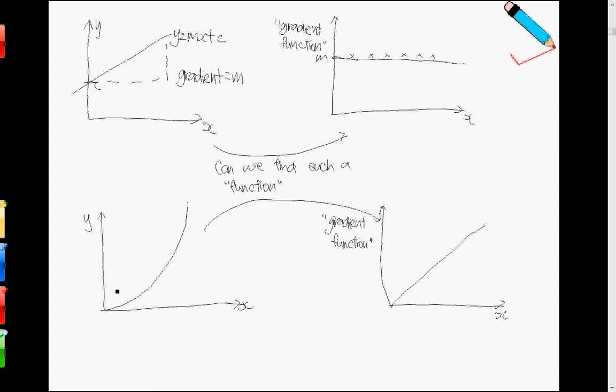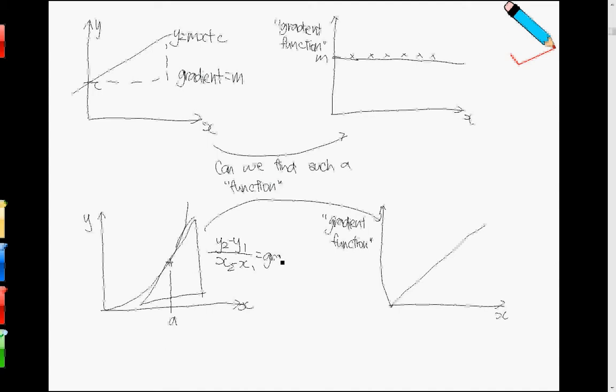The answer turns out that we can. For example, over here, x equals a. By right, if I want to find the gradient, I would have to find a tangent line and then use the formula, which I guess you are very familiar with: y2 minus y1 over x2 minus x1.